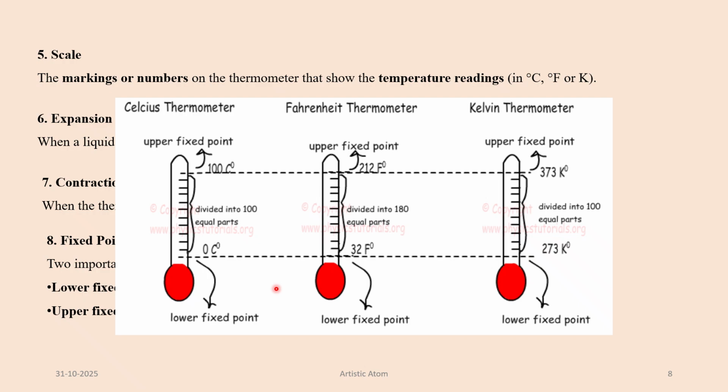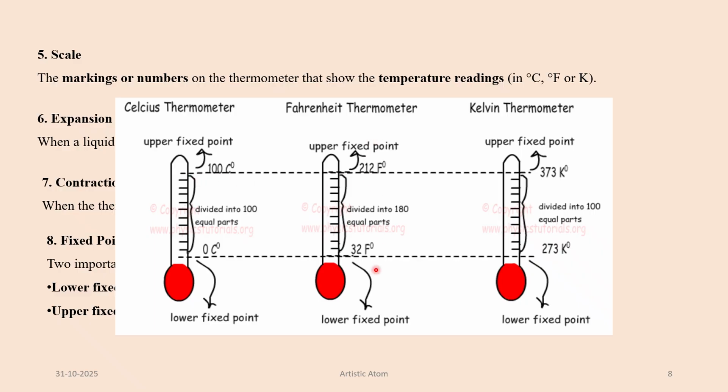Now the next term is the fixed point. For each and every thermometer, there are two types of fixed point. First one is called the upper fixed point. Second one is called the lower fixed point. As I told you earlier, there are three types of thermometer: with Celsius scale, with Fahrenheit, and with Kelvin. For the Celsius scale, the lower fixed point is 0 degrees Celsius and the upper fixed point is 100 degrees Celsius.